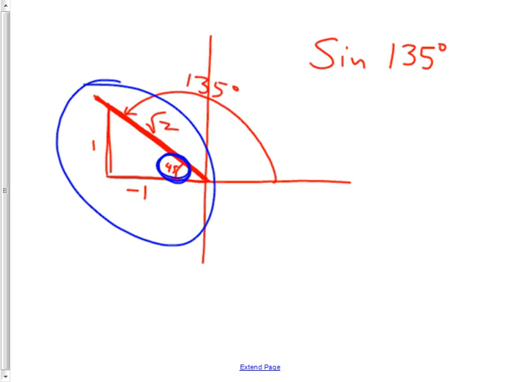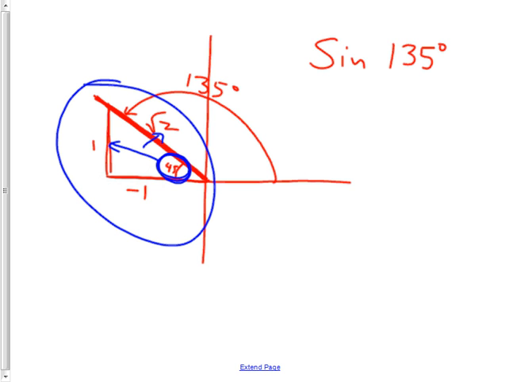But it's not going to be exactly the same because it includes some negatives. Because if I just did sine of 45, I could make the 1, 1, square root of 2 triangle and say sine of 45 is opposite over hypotenuse, so it's 1 over square root of 2. That would be wrong. The answer isn't 1 over square root of 2. It's close to that, though. From this 45-degree angle's perspective, it's opposite over hypotenuse.